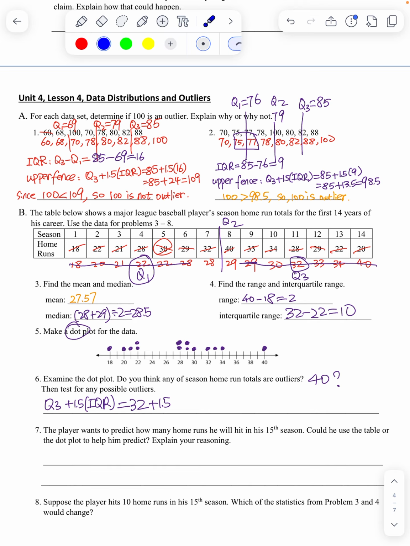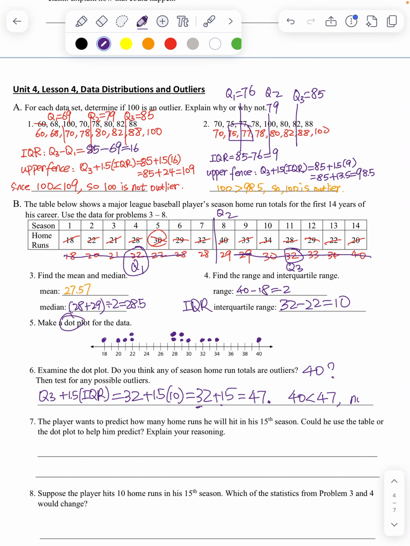IQR is the interquartile range, which is 10. So this is 32 plus 15, since 1.5 times 10 is 15. So this is 47. So the upper fence is 47. But 40 is less than 47, so it's not an outlier. So there's no outlier.